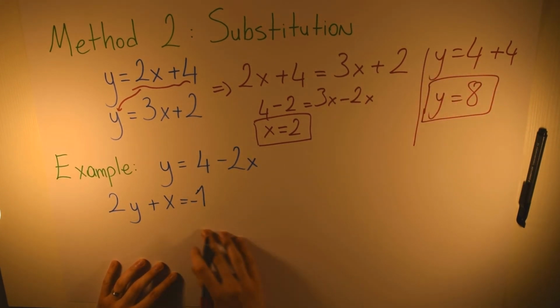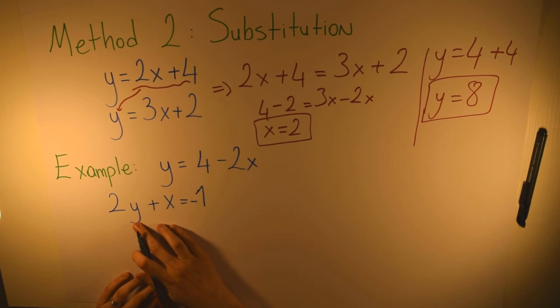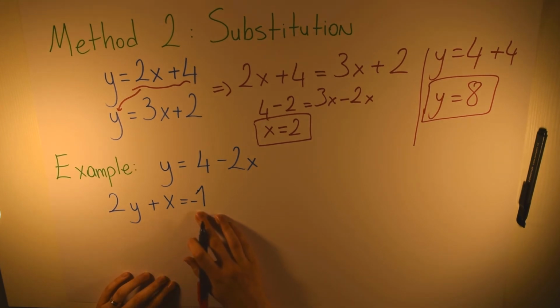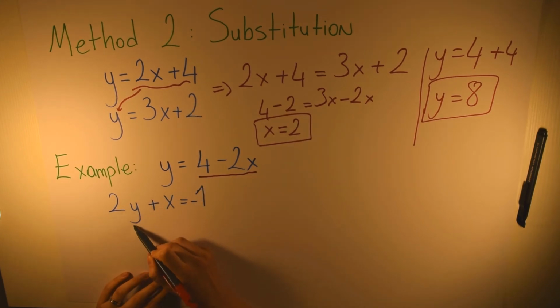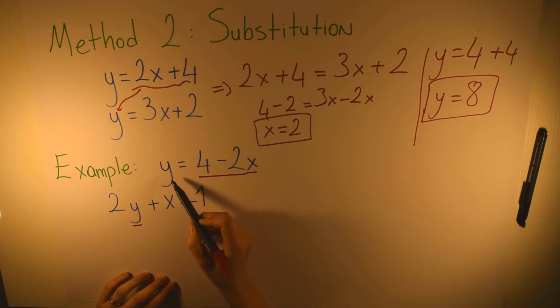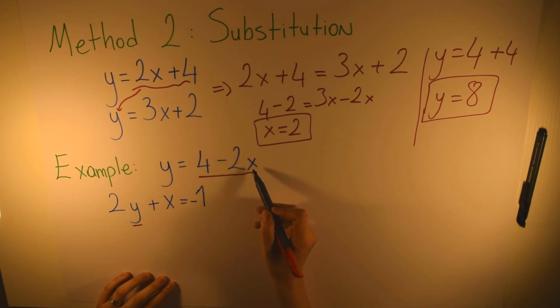Okay, let's look at another example. Here we have y is equal to 4 minus 2x, and 2y plus x is equal to minus 1. So what can I do here? I can put this expression here instead of y, because we already have the value of y here in terms of x, right?